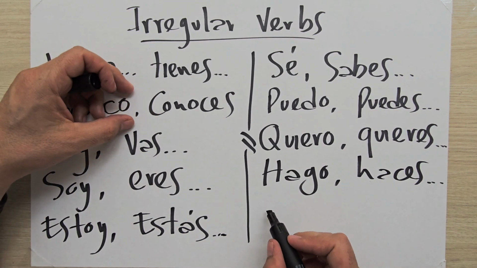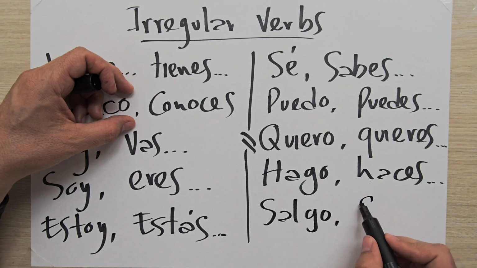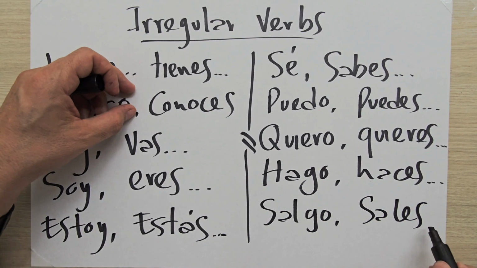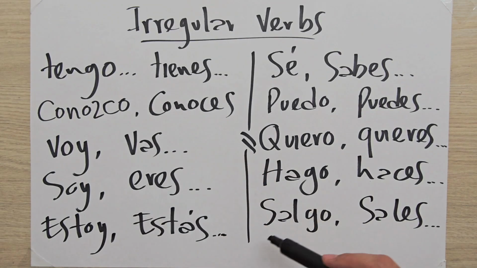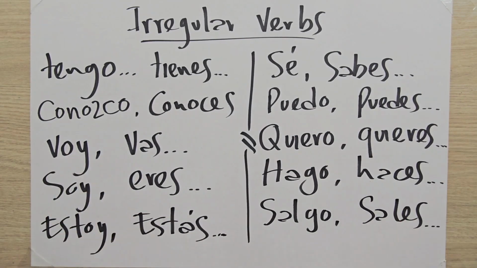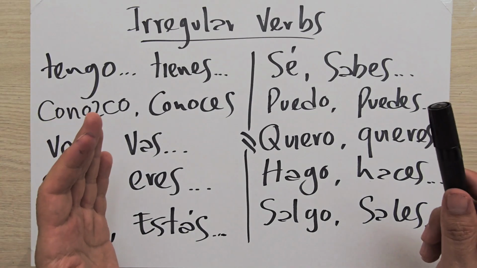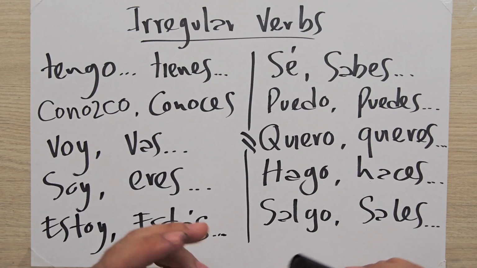Salir, to go out, salgo, sales, etc. For example, here there are 10 very common irregular verbs that you can learn and start using right now. There are some other important irregular verbs, you just need to practice them.